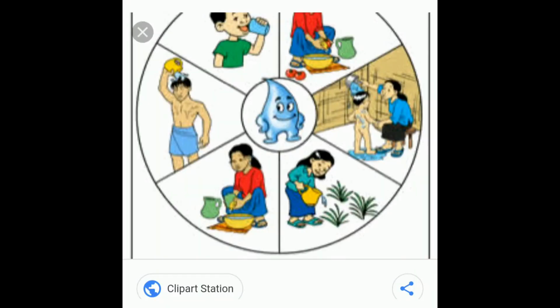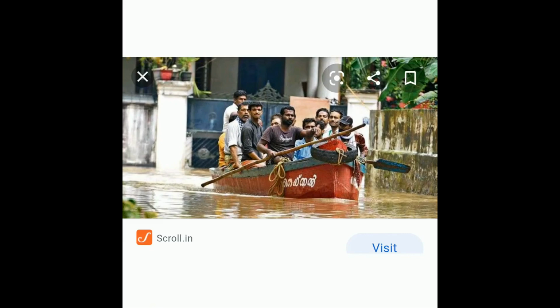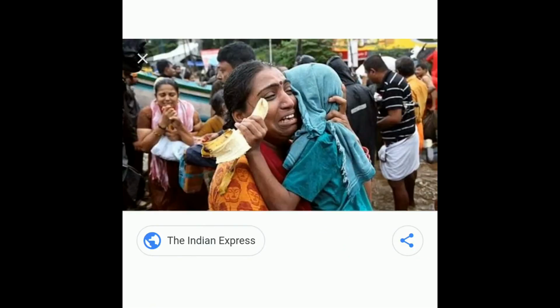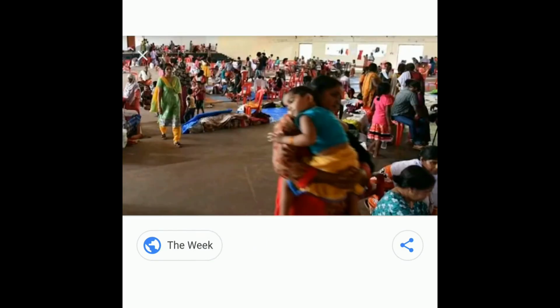Okay. We studied all about the peculiarities of water, its uses, importance, water pollution, ways to avoid pollution, etc. But do you remember the flood in 2018 in Kerala? We suffered a lot in those heavy rains. Which are the other catastrophes related to water that you know?